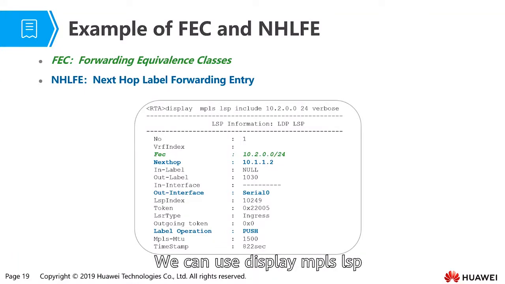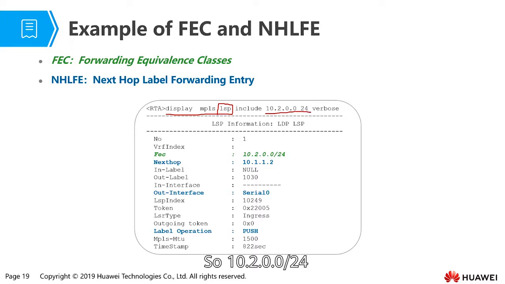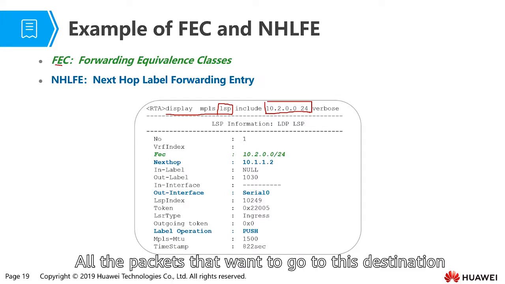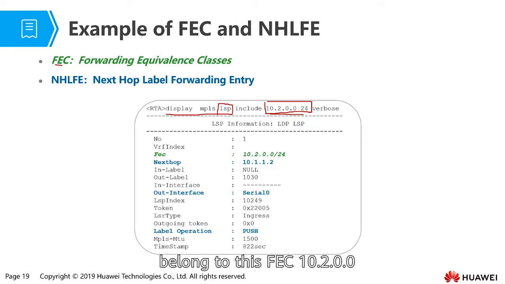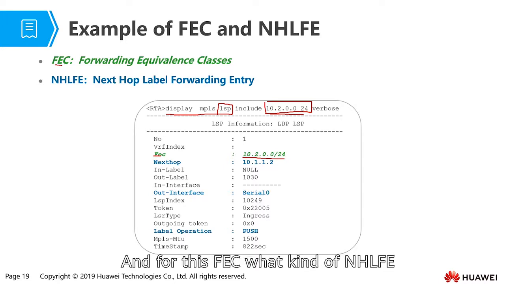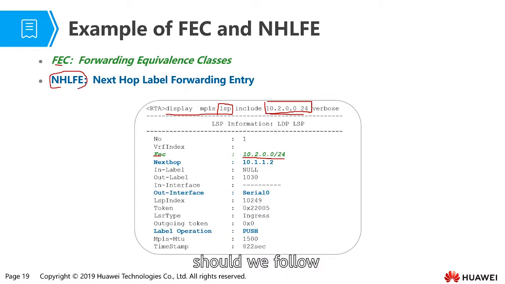We can use display mpls lsp include 10.2.0.0/24. This is an FEC. So all the packets that want to go to this destination will belong to this FEC, 10.2.0.0. And for this FEC, what kind of NHLFE should we follow?